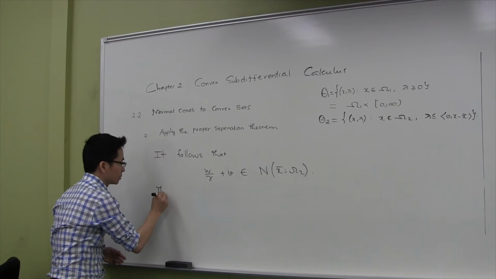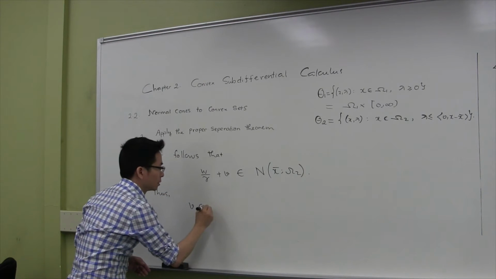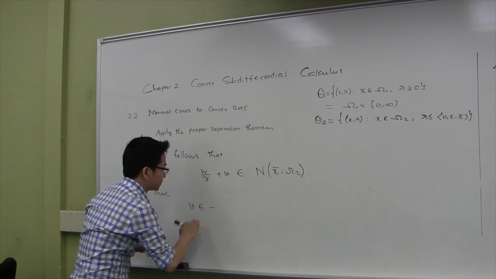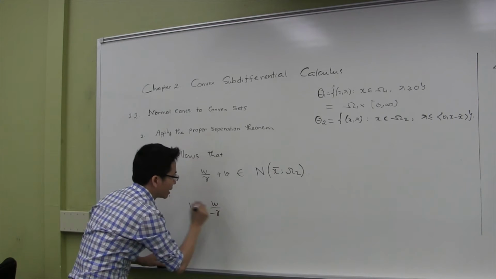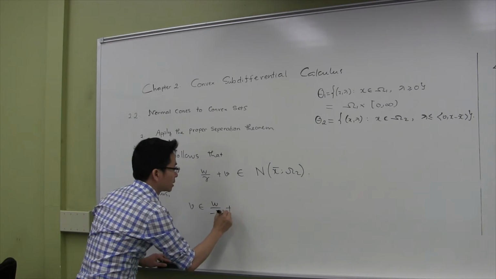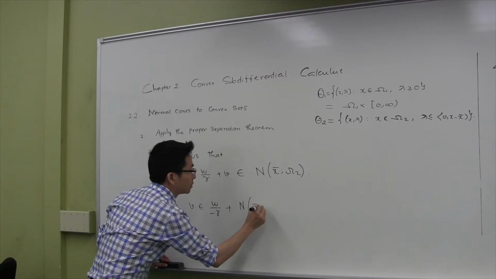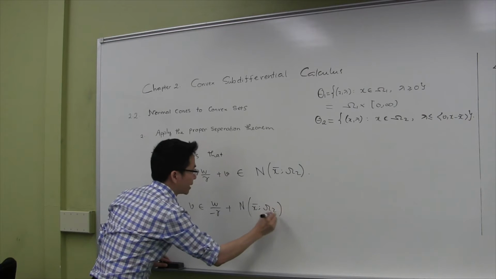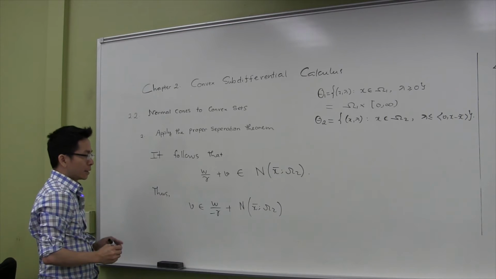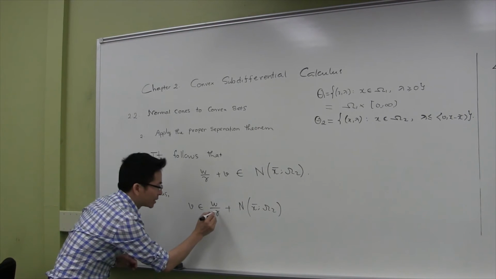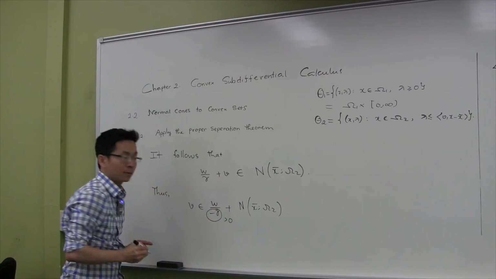Thus, v belongs to minus w over gamma... so w over minus gamma plus the normal cone to the set omega 2 at x bar. And as we know, minus gamma here is greater than 0.